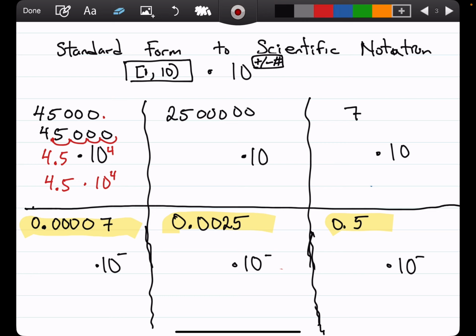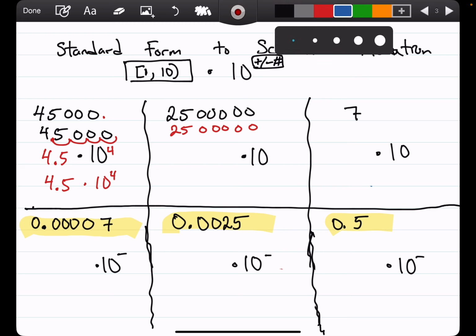Look at this one. 2,500,000. Now, Mariah, where do I put the decimal point? Right after the 2. So between 2 and 5, right? So it's 2.5. Now, let's count how many times we moved it.